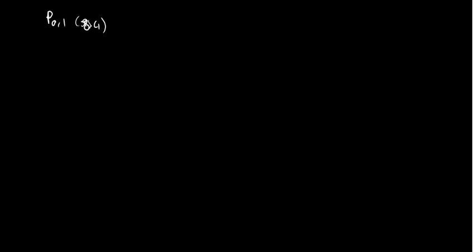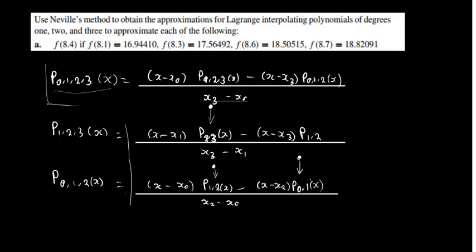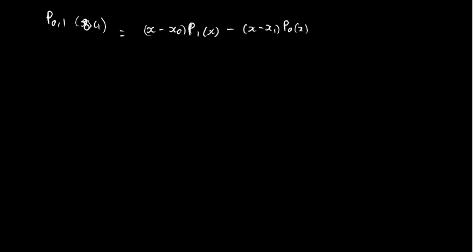So this one over here is going to be equal to x minus x naught, then p1 of x, minus x minus x1, then p0 of x. Have I written this down right? Okay, that's right. It was looking wrong. They're going to be x1 minus x naught.